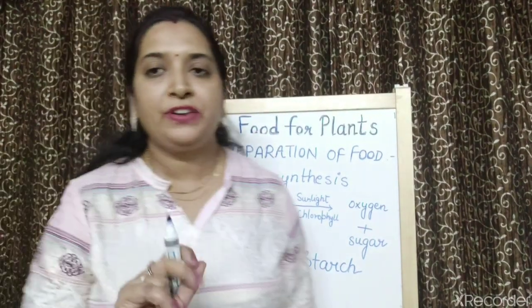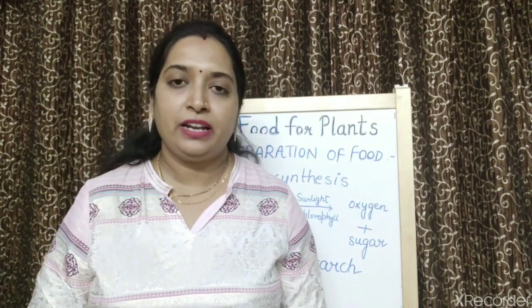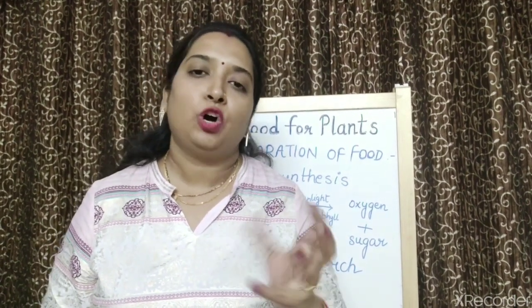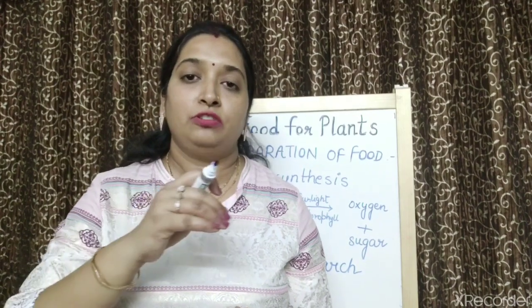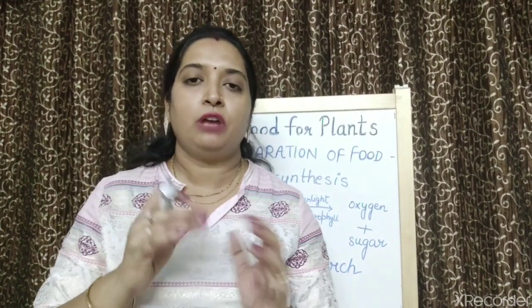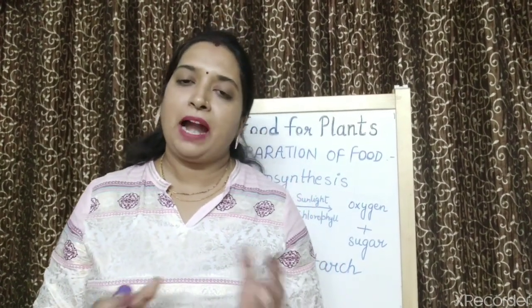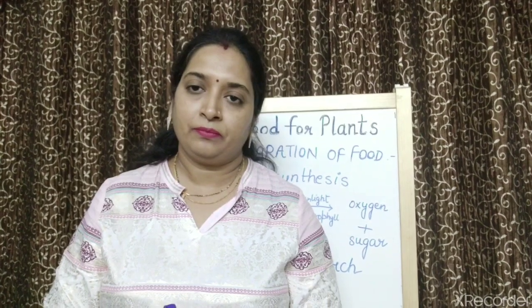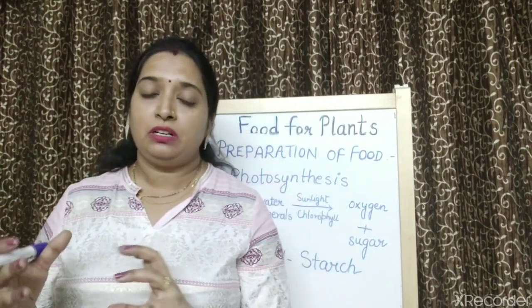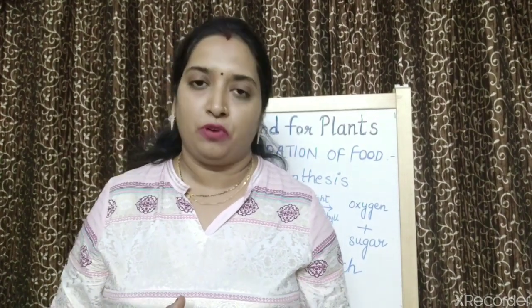Now, what is the difference between sugar and starch? Children, actually sugar is the soluble form. It can be easily dissolved in water. That's why in the form of sugar, food is transferred to different parts of a plant and the plant utilizes it. But sugar is the soluble form, and starch is the insoluble form.